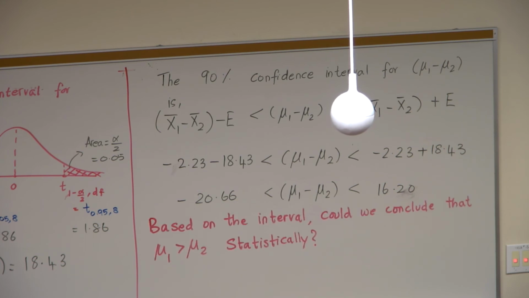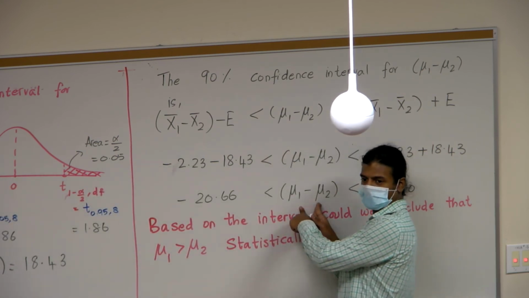Based on the interval, could we conclude that mu1 is greater than mu2 statistically? In other words, that mu1 and mu2 are different from each other. Last time when we were doing intervals, we said that mu1 and mu2 are statistically different if 0 doesn't fall in the interval, right? Clearly, 0 falls in this interval.